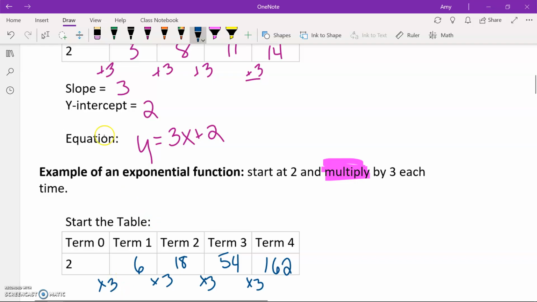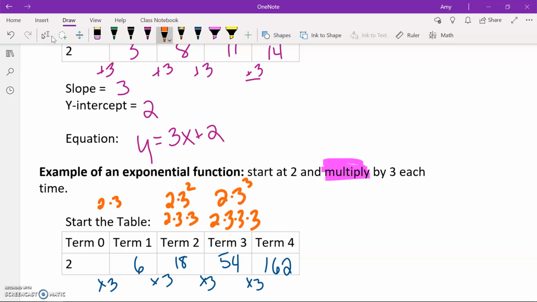If we wanted to write this as an expression, we might say that this first one was 2 times 3. Then we did 2 times 3 times 3 again, which we could also write as 2 times 3 squared. To get 54, we would do 2 times 3 times 3 times 3, which is 2 times 3 cubed.